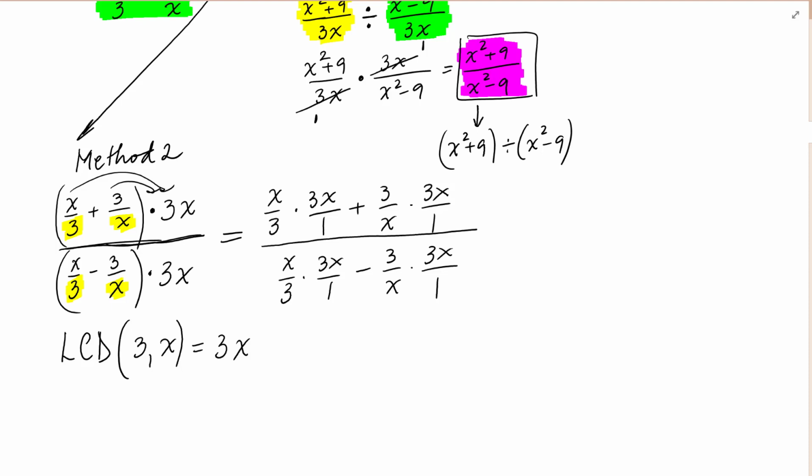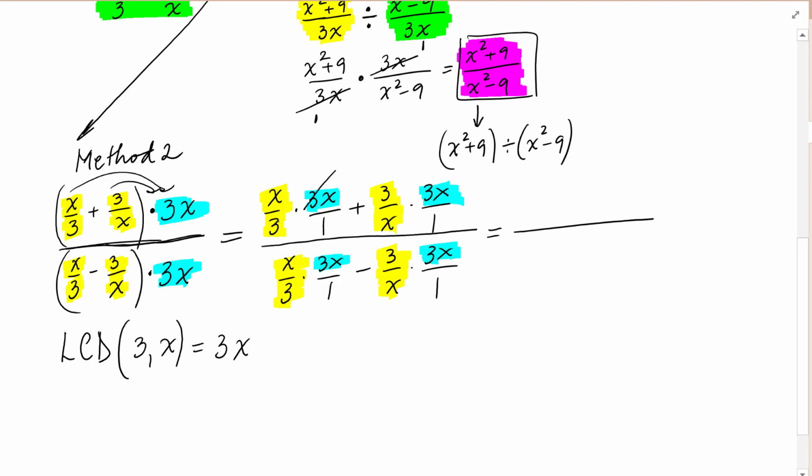So all these terms from here are still here, but we multiply by this 3x, so it shows up in here. And I put over 1 because we are multiplying fractions.